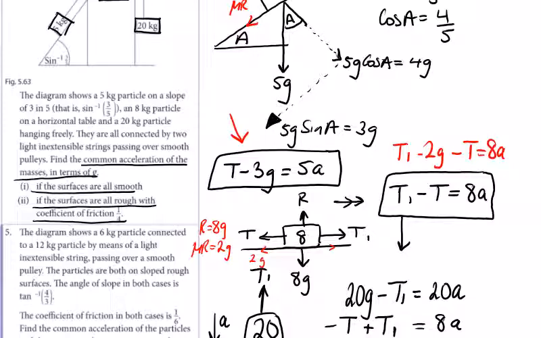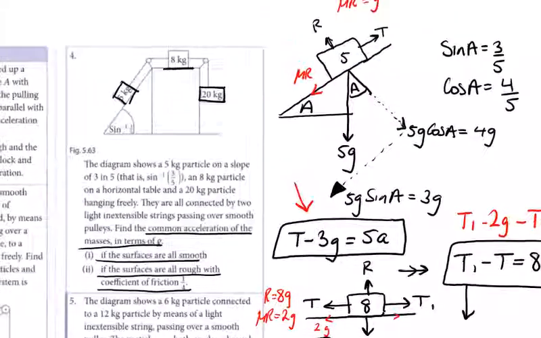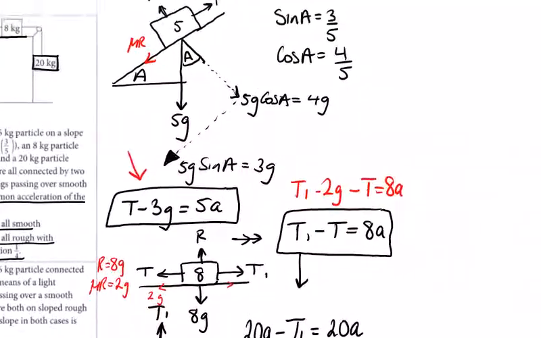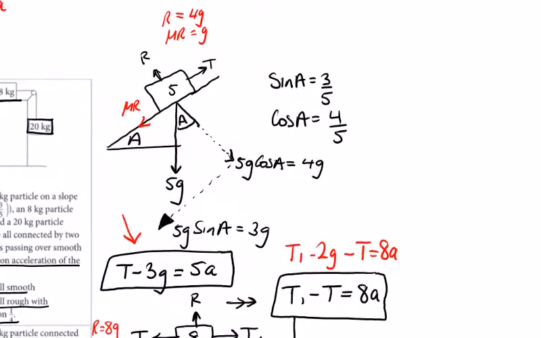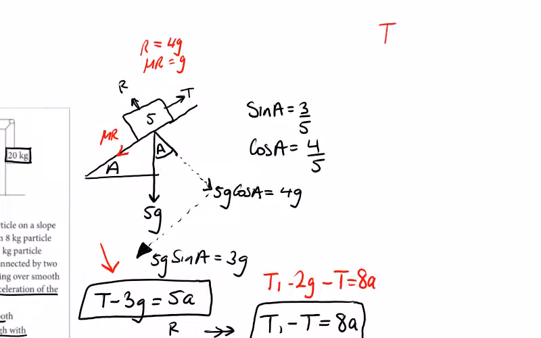And then we have the 20, which there is no friction involved in. So let's look at our three equations. T minus 4g is equal to 5a. T1 minus T minus 2g is equal to 8a.